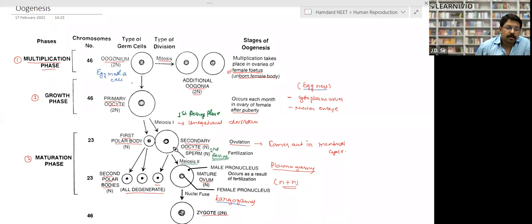Third subheading, maturation phase. The primary oocyte undergoes first meiotic division and produces two daughter cells.